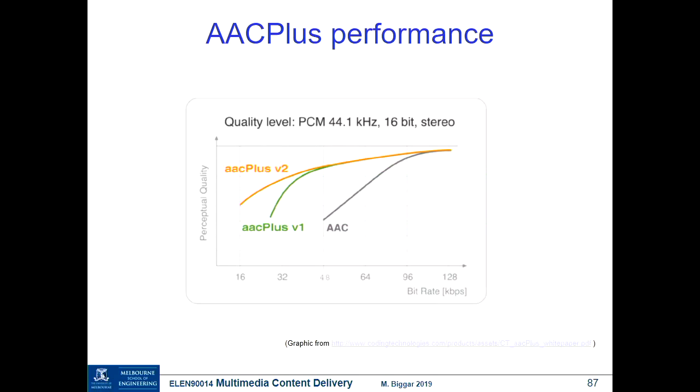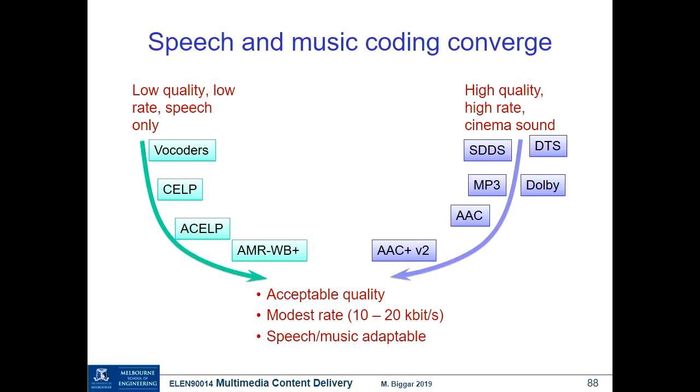Okay. So I think it's interesting to just consider how the audio solutions have kind of converged. As we've looked over this brief investigation of audio and speech coding, we've seen at very low rate, very low quality speech coders using vocoders, we've seen improved quality and increasing bit rate to use KELP and AKELP, and then these highly adaptive coders that are defined by the ITU.